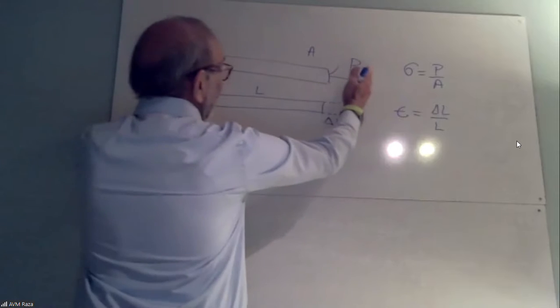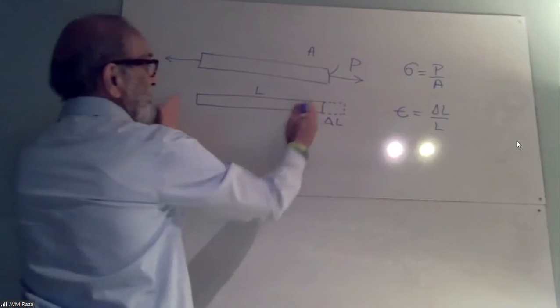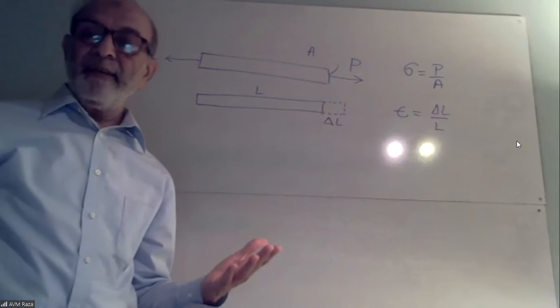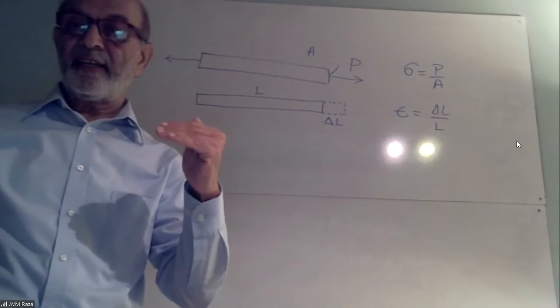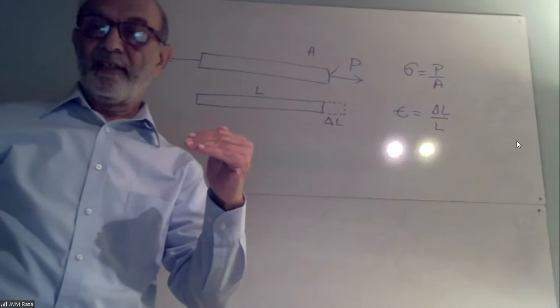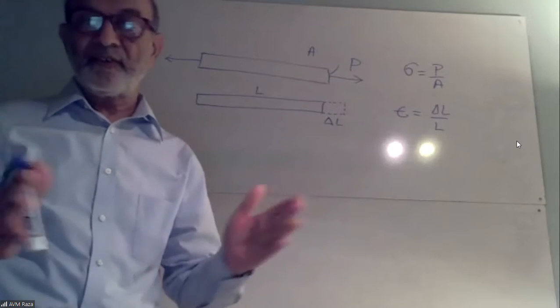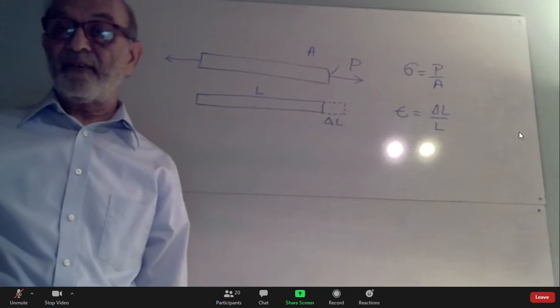Similarly, if I reduce the load, what will happen to strain? The strain will also be reduced. So the result I am drawing from this is that stress and strain are related to each other. If you increase stress, strain increases. If you decrease stress, so what is that relationship? That's what we want to find out.